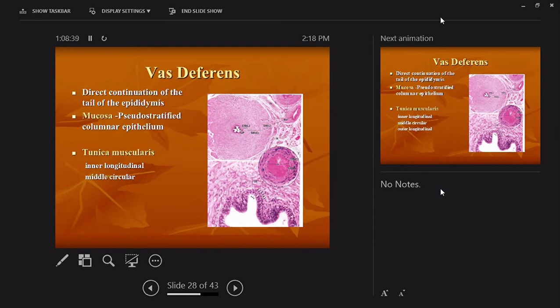And then you have, again, another longitudinal near the lumen and out, no? Near, at the end, and then you have your circular. Okay, so you have inner longitudinal, middle circular, outer longitudinal.